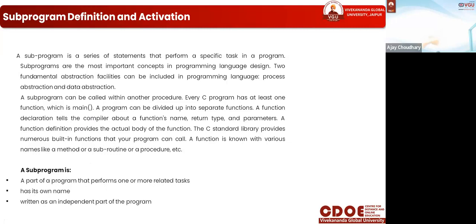But when we describe our method in a secondary part, we start with some function, and in that we define our variables like integer and float. You all write in C programming or are learning C programming, so that part of the program is called a subprogram.